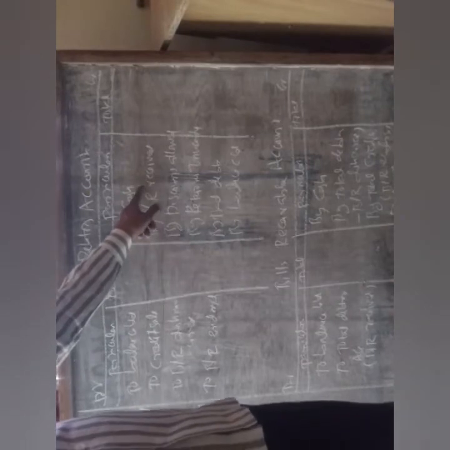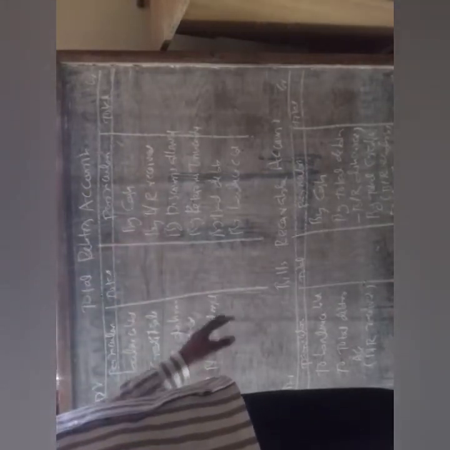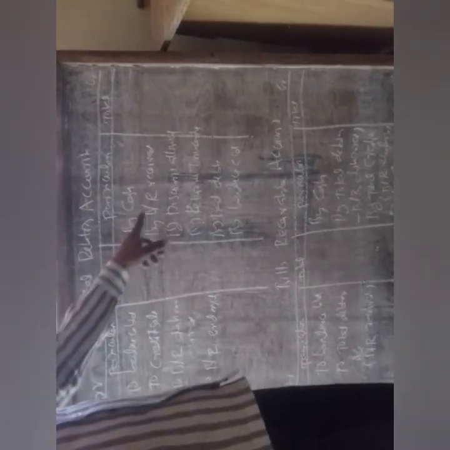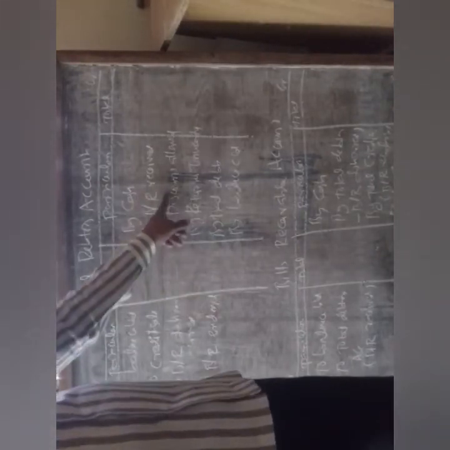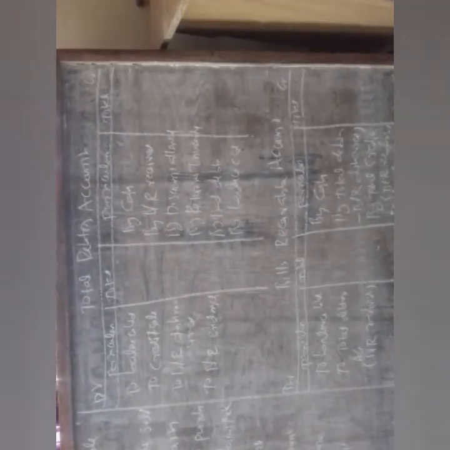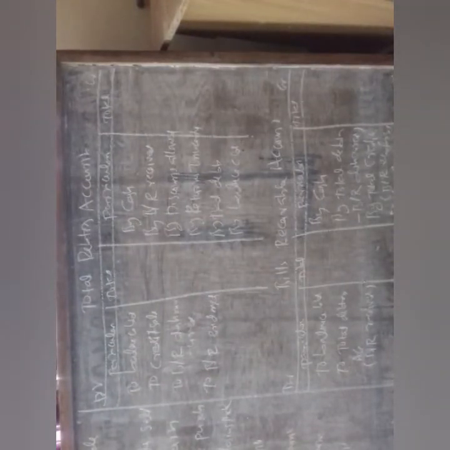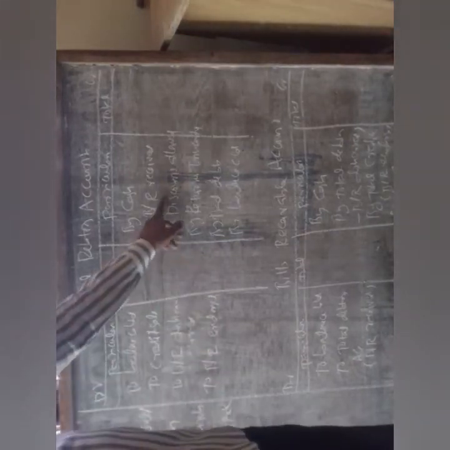Next, bills receivable received. If the debtors issue bills receivable, that will also come on this side. Next, discount allowed. Discount allowed means if the debtors pay the amount in time, we will allow them some discount. It is a loss to the business, so we write it on this side.